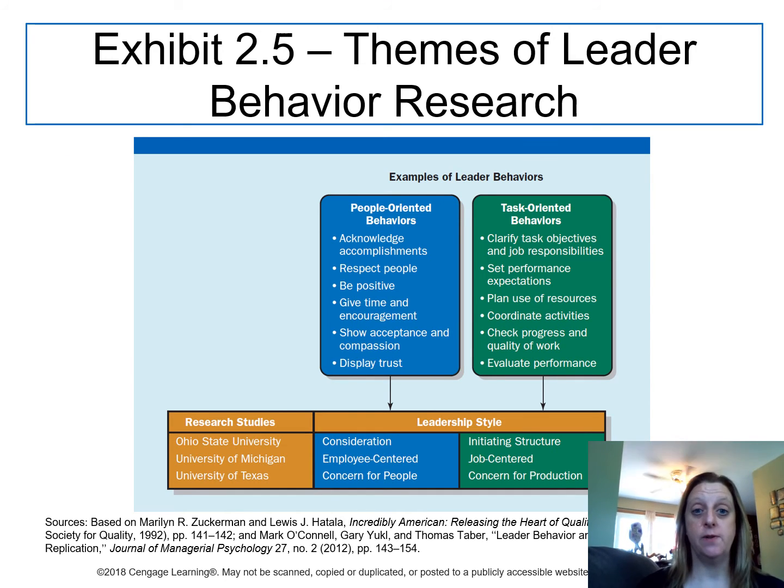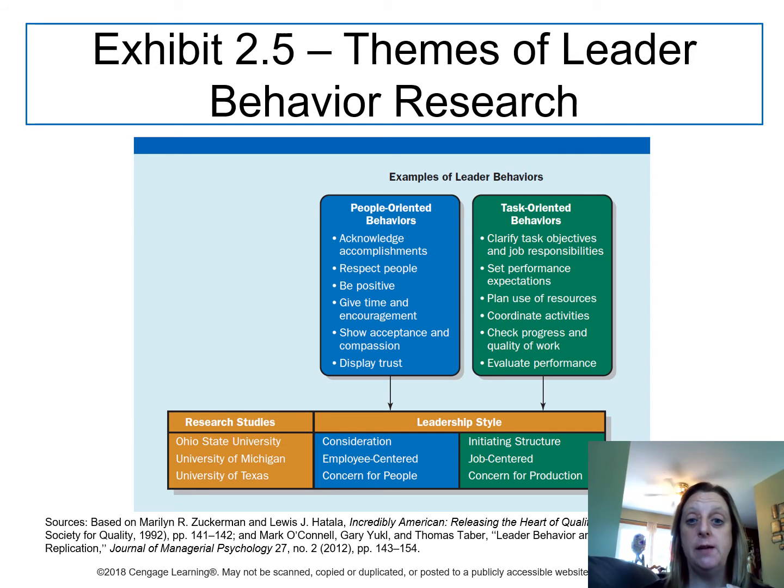Other aggregated research on leadership behavior has identified leadership themes in this way: people-oriented leadership versus task-oriented leadership. This slide shows a diagram that exemplifies the consolidation of research in this way.